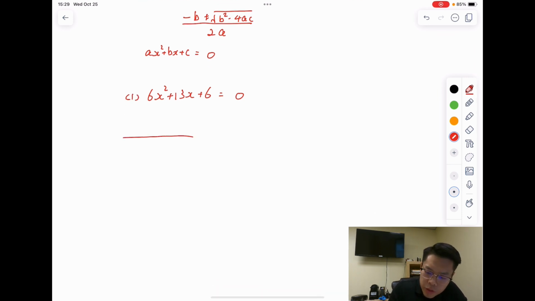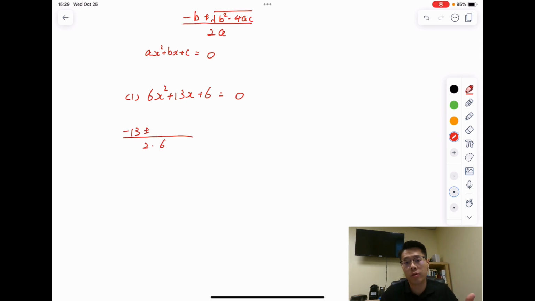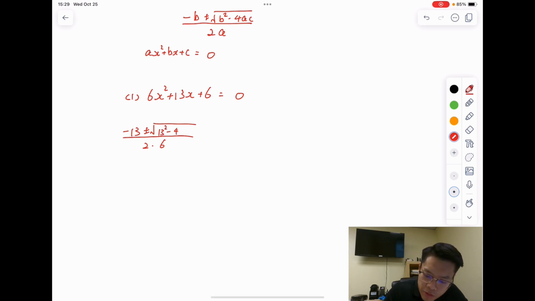We're going to use 2 times 6, which is 2a, and negative b, which is negative 13, plus or minus. The reason it's plus or minus is that there are generally two roots. Root of b squared, 13 squared, minus 4ac, in this case 4 times 6 times 6 again.